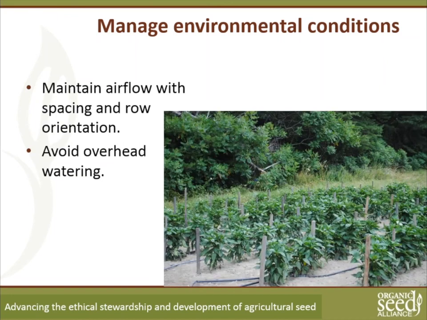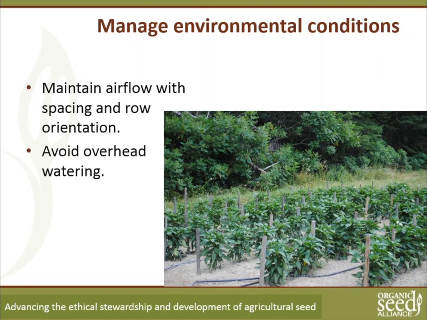Another tool that you can have is thinking about airflow. Having good airflow and relatively dry conditions around the plants helps reduce many problems with pathogens. So one of the tools for that is having wide spacing both within your rows and between your rows.